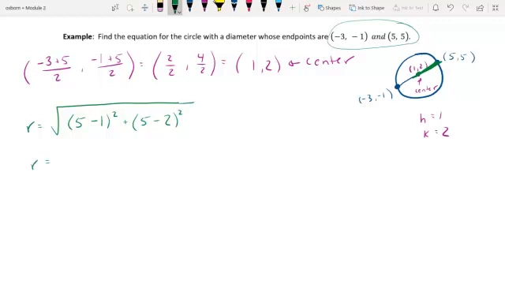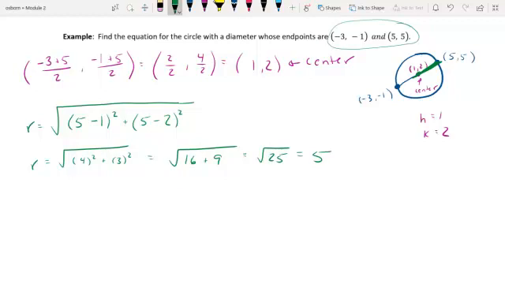So that means r is equal to the square root of 4 squared plus 3 squared, which means that r is equal to the square root of 16 plus 9, which gives me the square root of 25, which is 5.